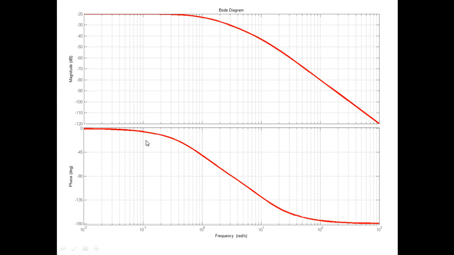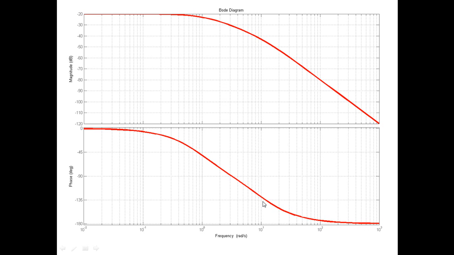And the same for the phase angle. Before frequency 0.1, I have almost 0 angle, and for frequencies after 100, I have minus 180, with almost a straight line in between.